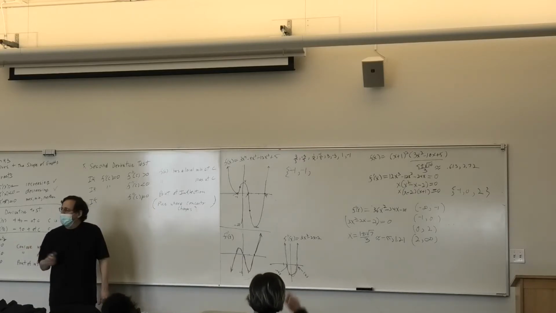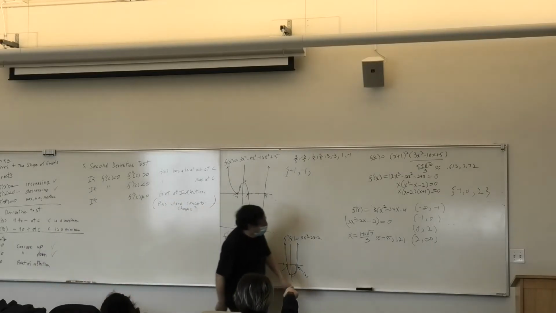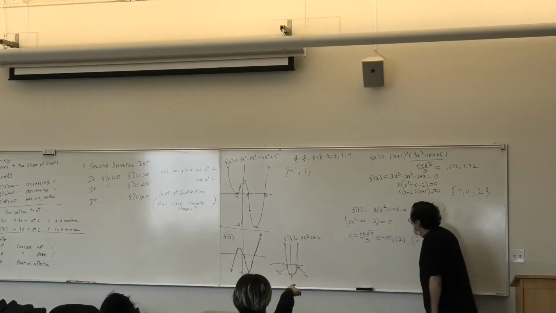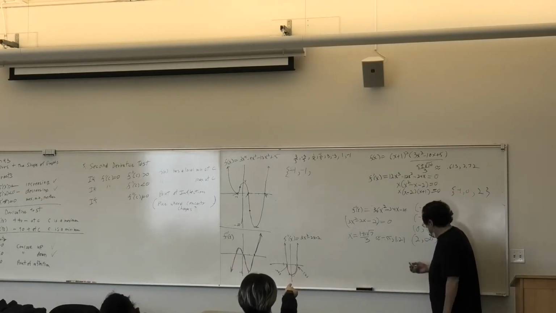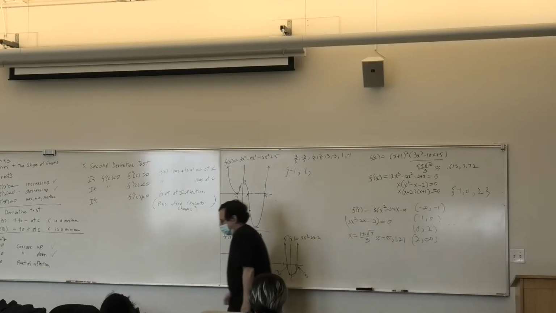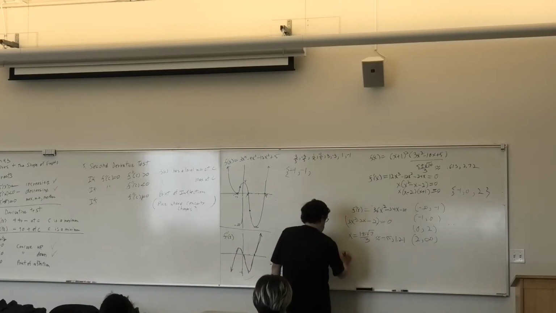Any questions? Yes. When you're doing the quadratic formula, why is it 1 plus or minus the square root of 7 and not 2? A fair question. Maybe I made a mistake. Let's see. Quadratic.